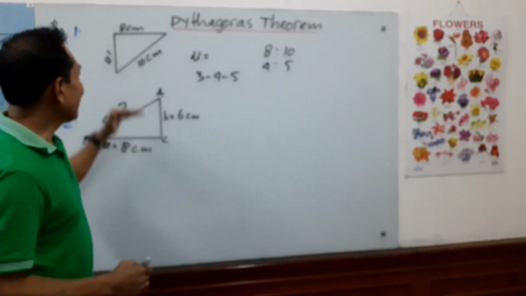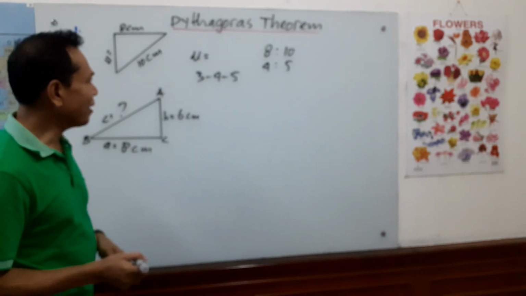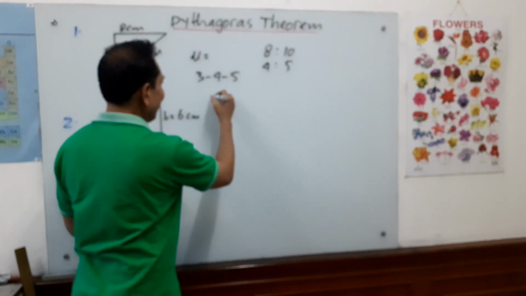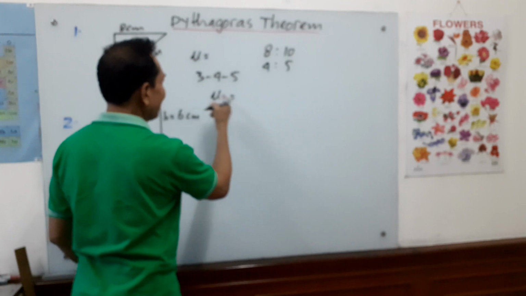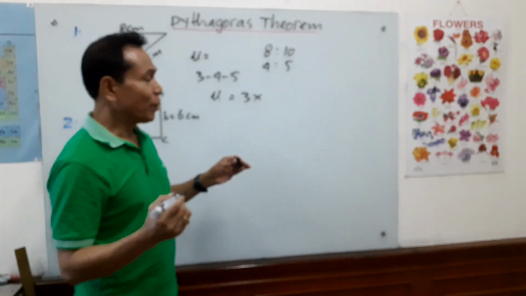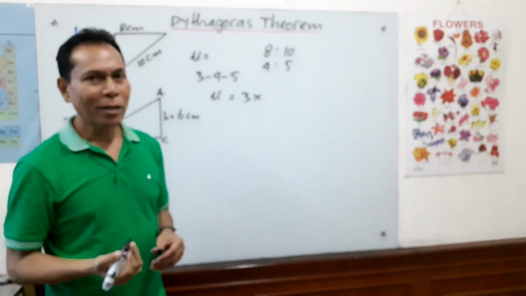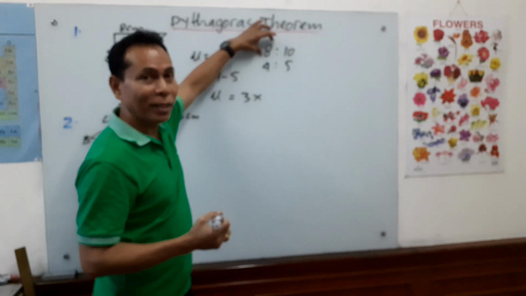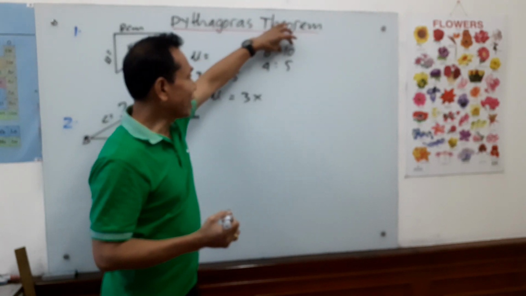Since this is a 3, 4, 5 triangle, we can easily find this x. So x equals, we take this 3, we multiply with 2, and you might ask, where does this 2 come from? This is the 2 that you divide 8 with to get 4, and you divide 10 with to get 5.